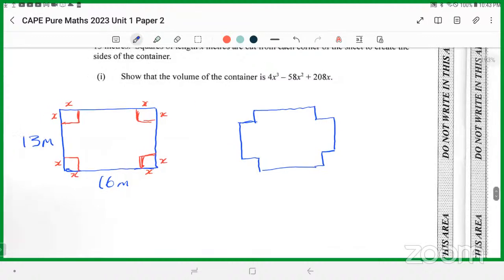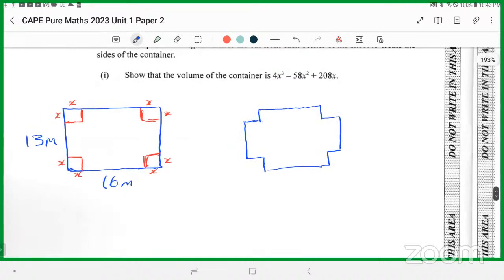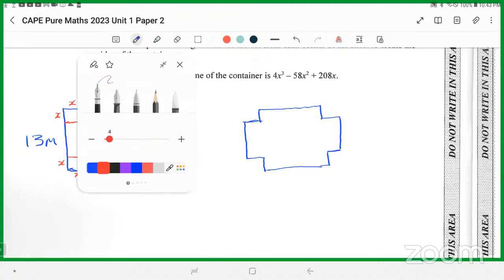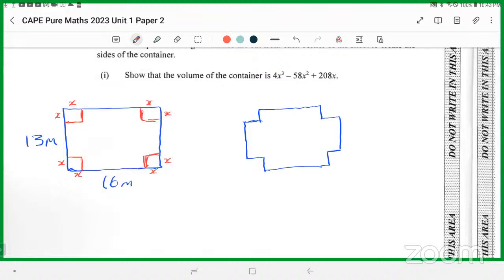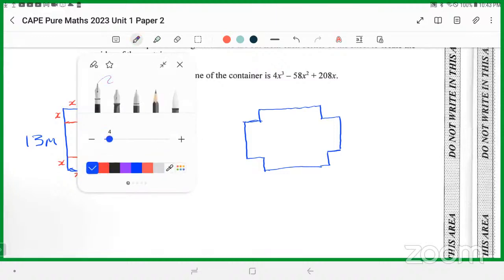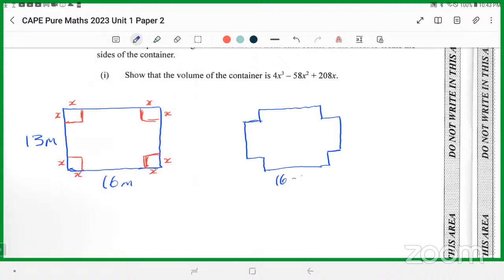That's what is left, right? So this side becomes 16 minus 2x. If I write it in blue, 16 minus 2x. And this side becomes 13 minus 2x.